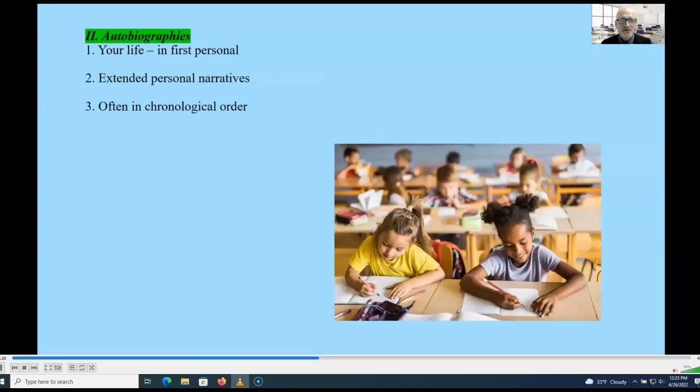Biography, most of us are familiar with that. Same with the autobiography, the writer describing his or her life, usually written in the first person, often presented in chronological order. Here, adjectives and dialogues, metaphors and similes are used to make the work come to life and to keep the reader engaged.